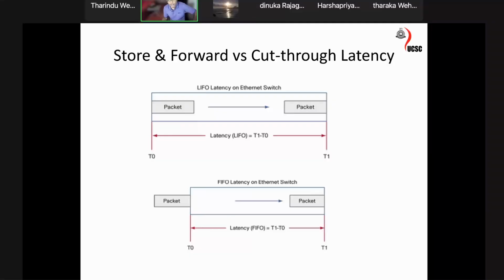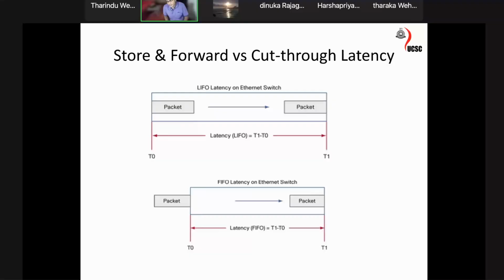So if somebody asks a question on what's the difference between store and forward and cut-through switching: cut-through switching just reads the first few headers of the packet and forwards it to the destination port or next port. But for store and forward, you need to get the entire packet, including the headers, into the switch buffers and then forward.